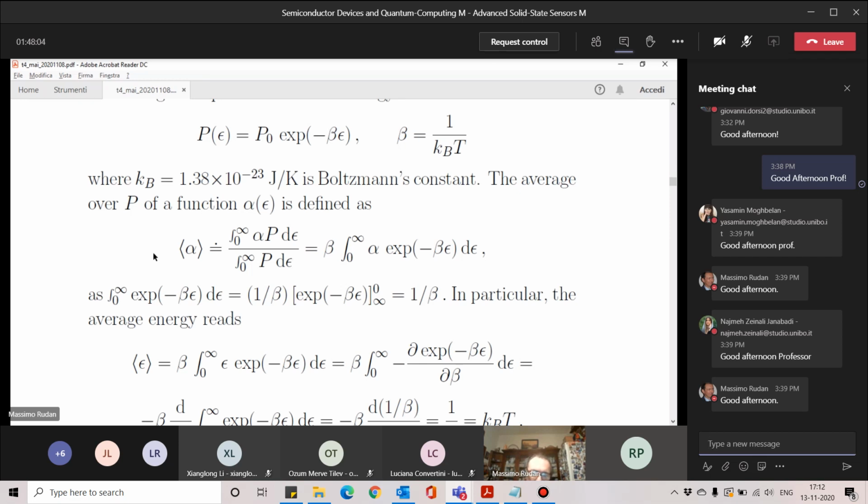So what we must calculate is the average energy of these oscillators. So alpha is energy itself, okay? So what we must do is to calculate this integral that is in the second line, in which we replace alpha with epsilon, that is the energy. So we must calculate this.